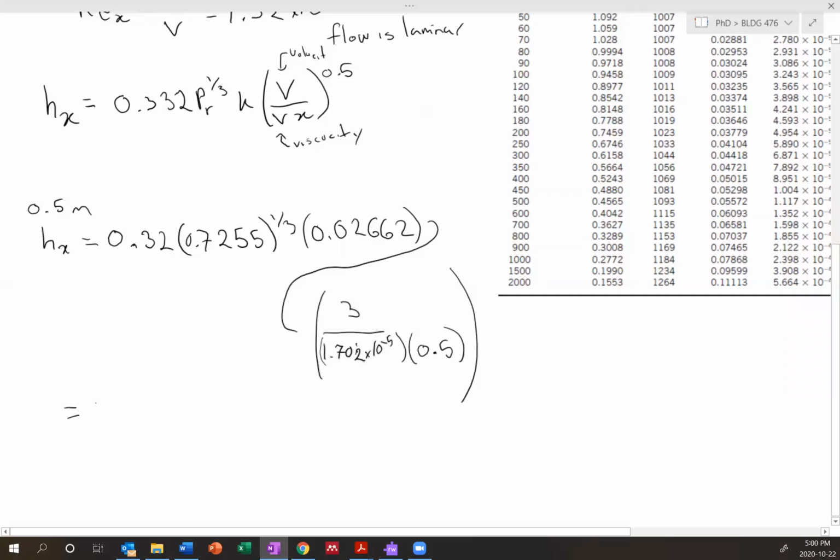So this will be equal to 4.715 watts per meter squared Kelvin.